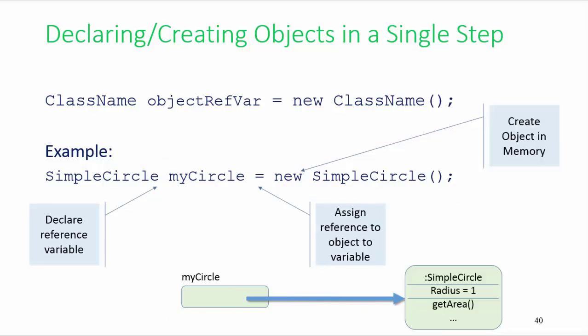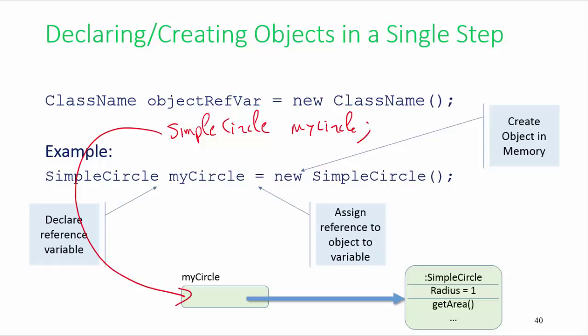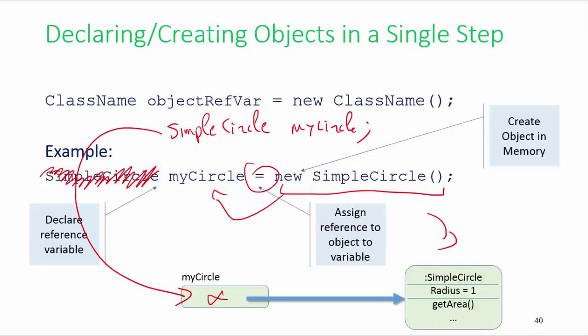You could also do something like first SimpleCircle myCircle, like we did in the previous slide, which would define this variable. Then you could say, now that I have a variable myCircle, I can assign it: create the object, then assign the reference to that object to myCircle, and that would be the same.